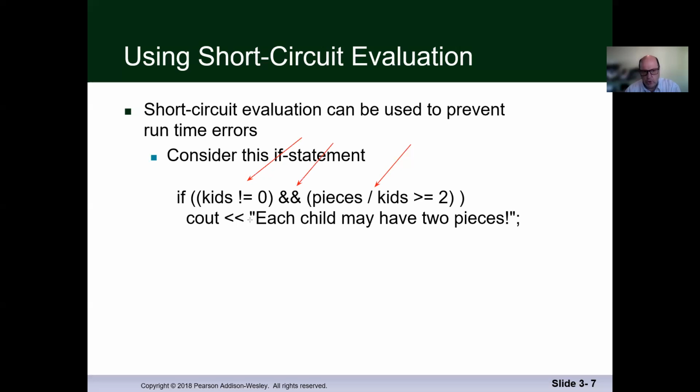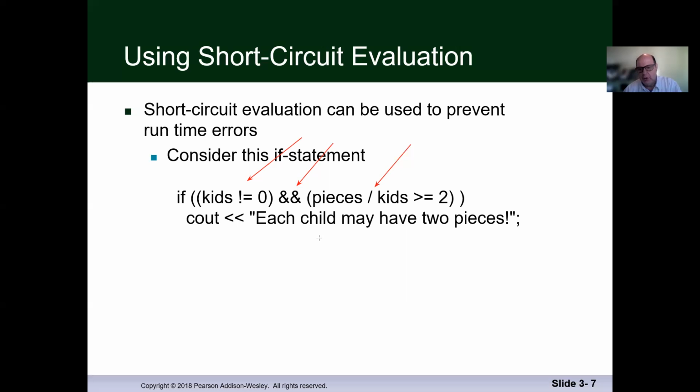If the number of kids is 0, this becomes false. And remember, for the AND, as far as the first one is false, it's not going to even check the second part. The only time it's going to check the second part is if the number of kids is not 0. So this has to be true before it does the second part.